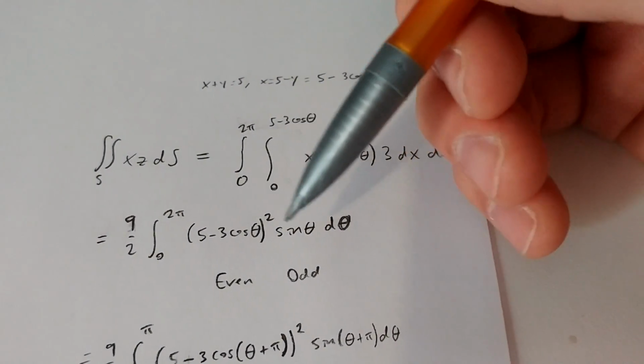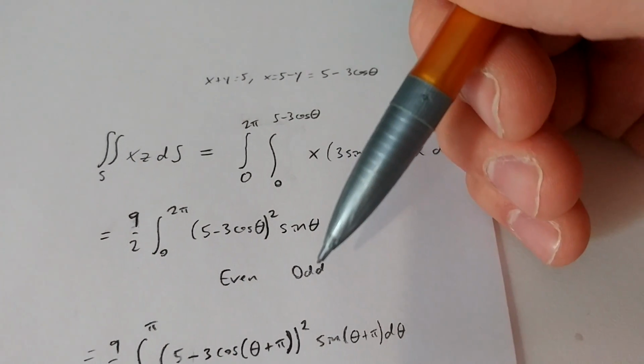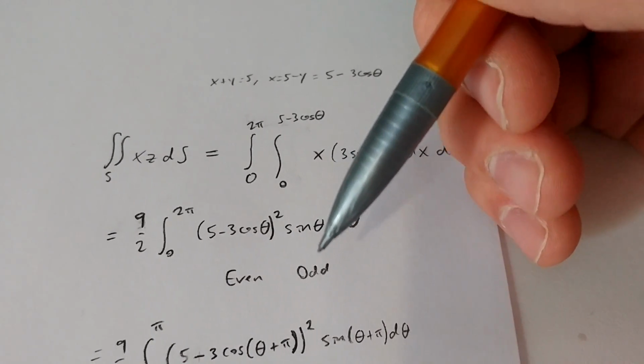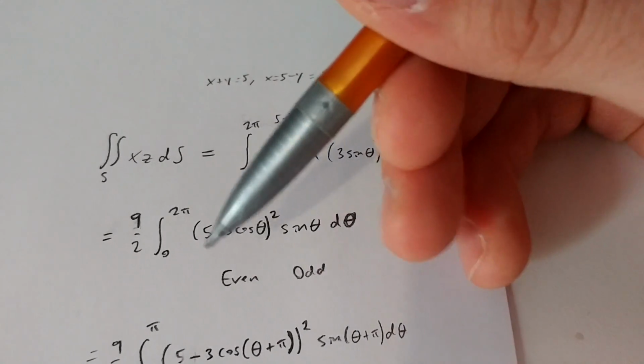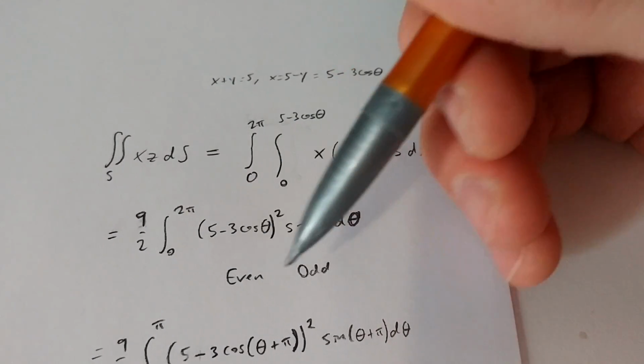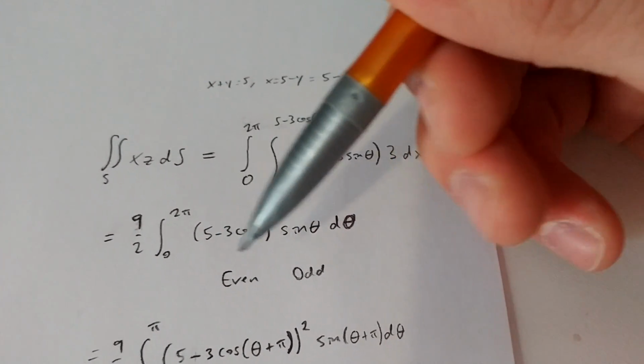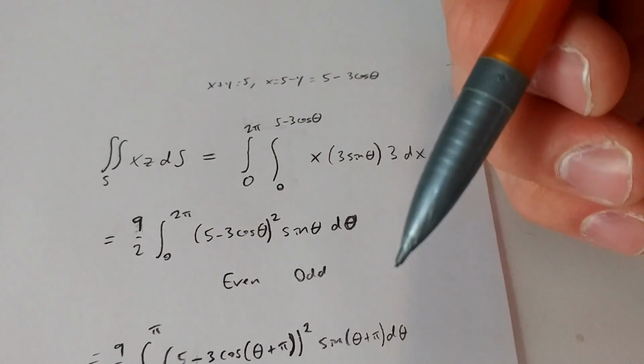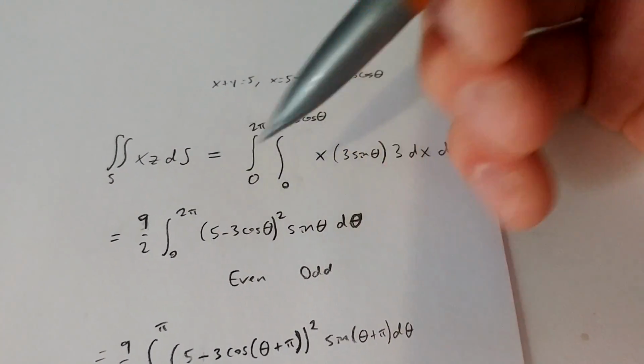And then sine theta is odd, so it's anti-symmetric around theta equals pi, and so that makes this whole thing overall anti-symmetric over theta equals pi. But if that's good enough for you, you can just say this is 0 because pi is the midpoint.